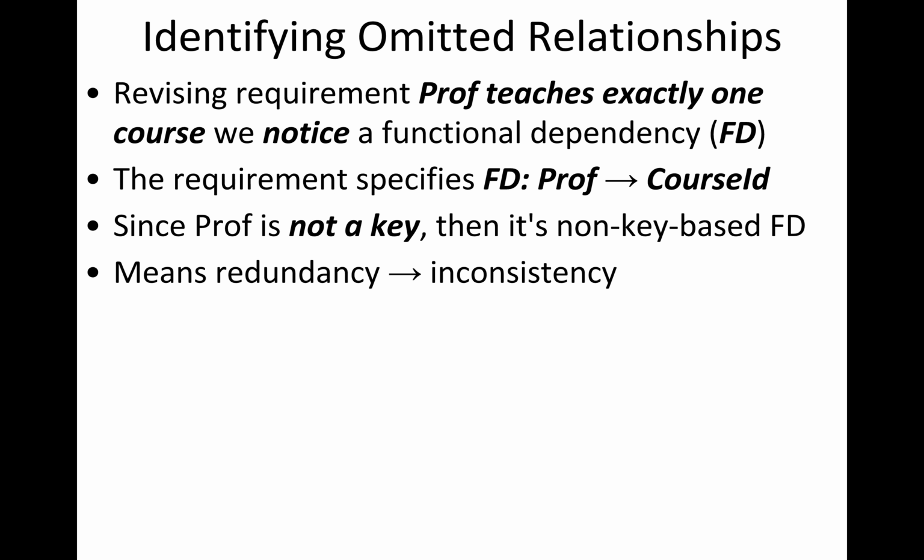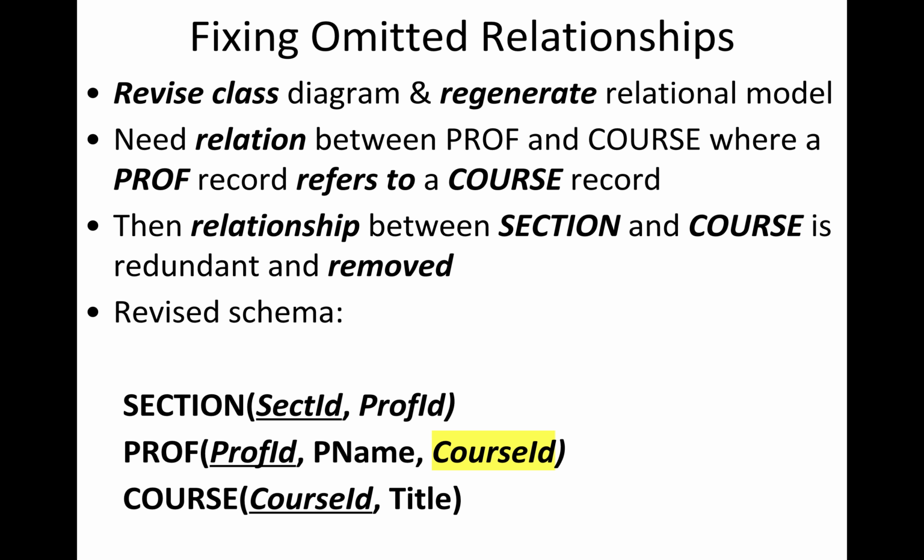Adding that rule introduces a functional dependency. Because the professor can only teach exactly one course, if you know the professor, you definitely know what the course would be. So definitely, it's a non-key-based dependency. The way we could fix it is to break out the professor into a separate table and refer to the course that they're actually teaching. Okay.